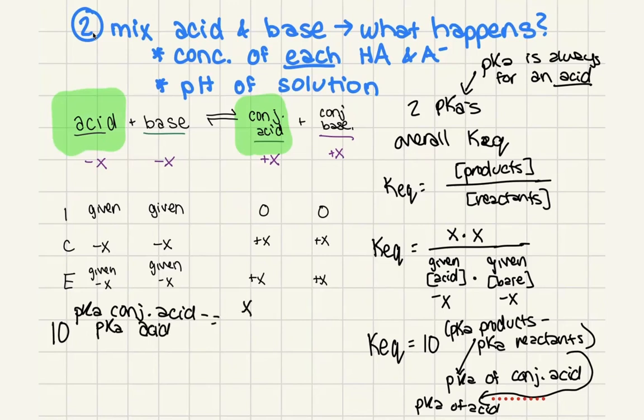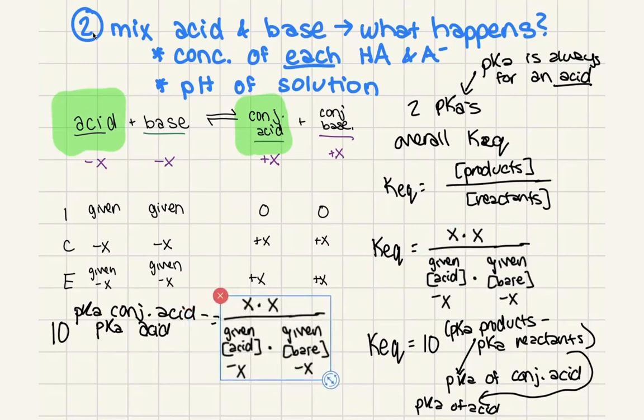equals X squared over your given, let me just copy and paste that because I am not very good with writing on this thing. I already wrote it once badly, so why not just use it again. Okay, so it'll be like that, except we can simplify this X times X, we'll just say X squared.